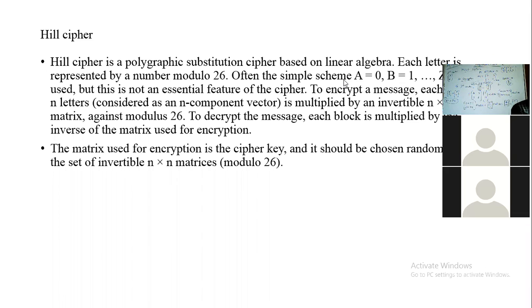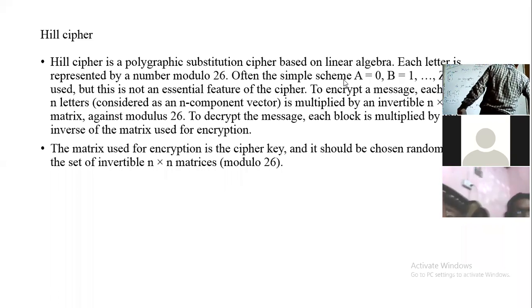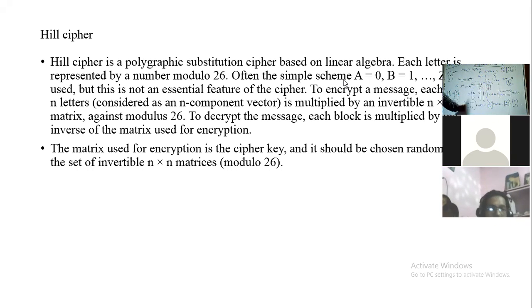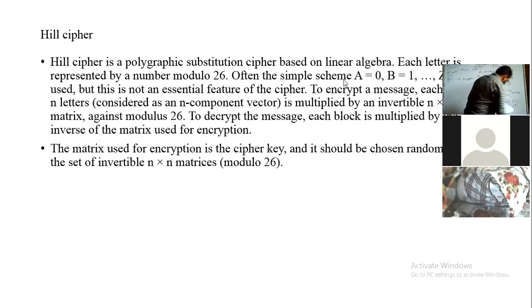MF. Okay, in this way you can convert the plain text into the cipher text. For the second vector, TA becomes MF.